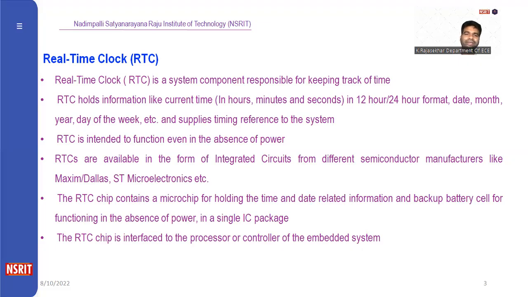All these can be in a single IC package. This real-time clock chip is interfaced to the processor or controller of the embedded system.